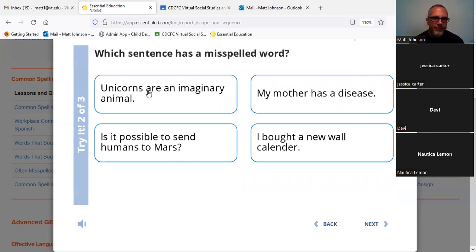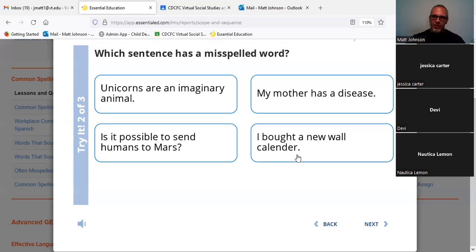Which sentence has a misspelled word? So here it is, I bought a new wall calendar. Calendar. Yeah, because that should be AR at the end.